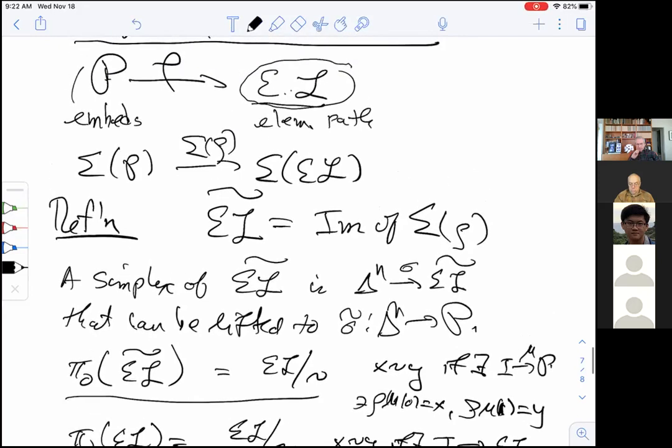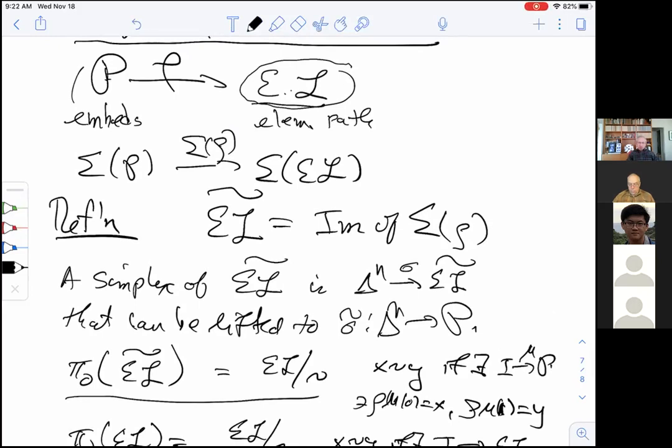But we're only going to be worried about only paths that come as images. That's right. So we're going to be deforming these. An element in EL is a path, so we're going to be deforming a path, but we don't allow an arbitrary continuous deformation of that path. We only allow deformations that are covered by deformations of embeddings.